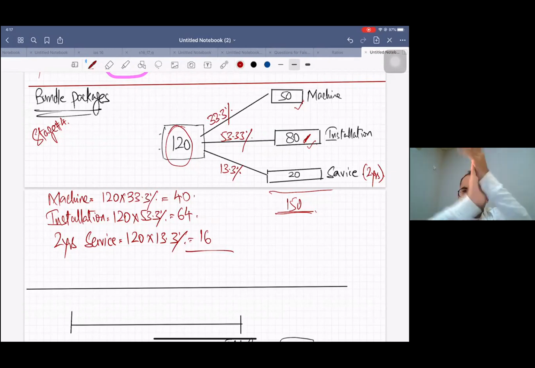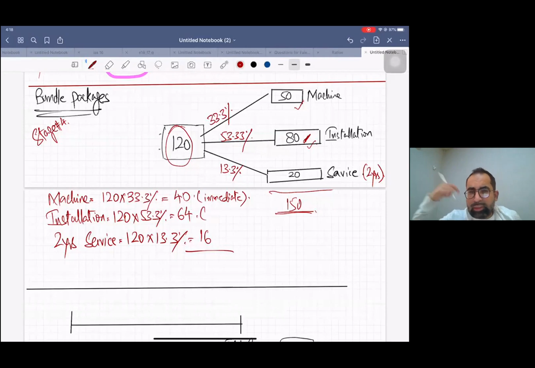Now, one quick thing regarding stage 5. As the machine is provided on the spot, machine is delivered, the control of the machine is transferred to the customer on the spot. So we'll book revenue immediately for machine, right? Point in time.